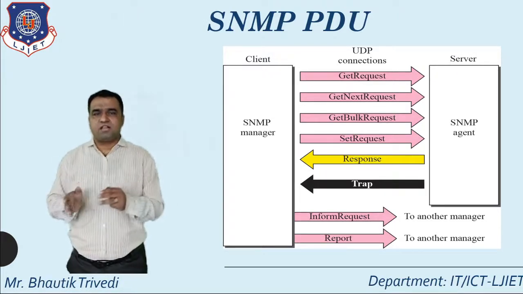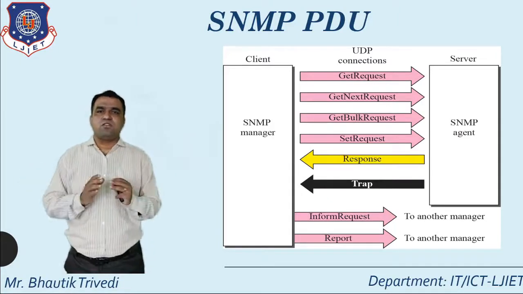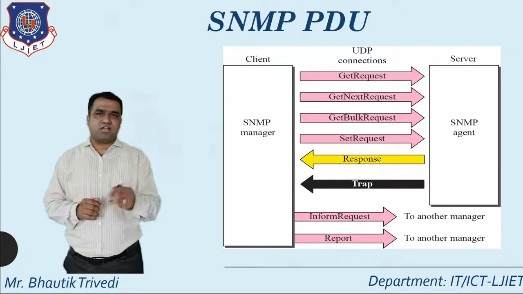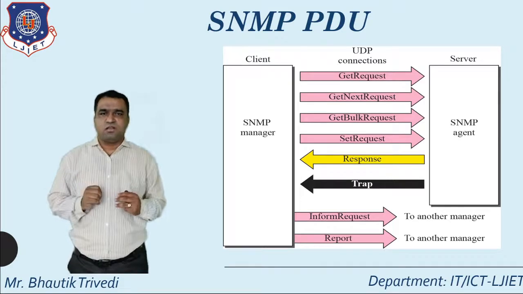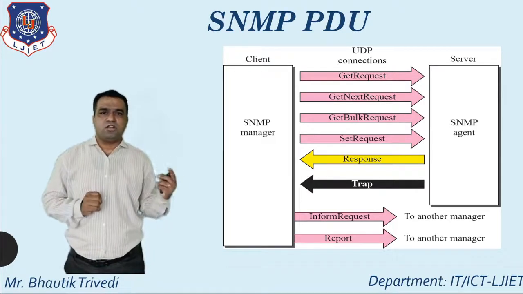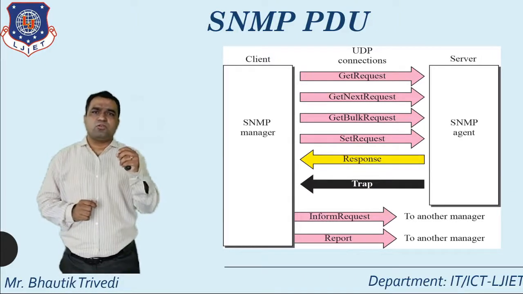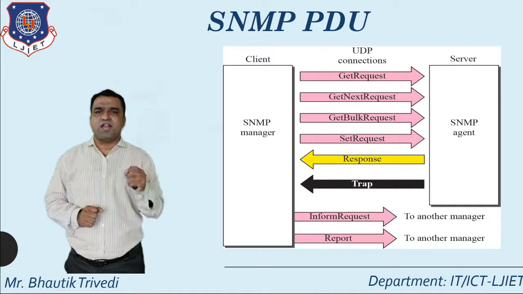So manager and agent are the main components of SNMP. The communication in between is always in the form of request and response. But the request is divided into four types, and generally only one response is generated each time. There is one more particular message, known as a trap.